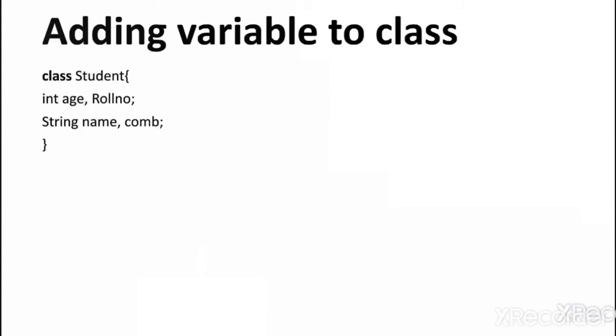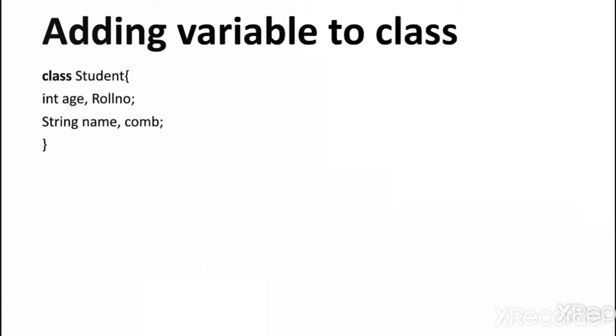Adding variables to a class. You can add as many variables as you want to a class depending on the number of properties that you consider for an object. Here is an example where I have considered a student object with the attributes like age, roll number, name and combination.